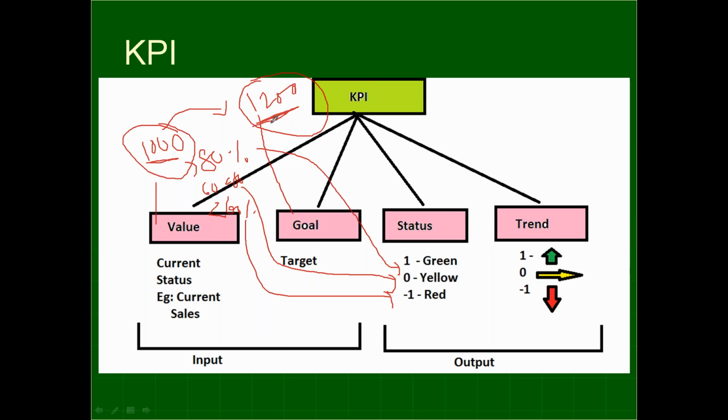This thousand is used to calculate, right? So whether it is 80% of this goal value, or 60 to 80%, or lesser than 60 or 40%, based on that, I will give you green, yellow, red, blue. You can have a lot of ranges, 0 to 30, 30 to 60, 60 to 90, 90 to 100, like that.